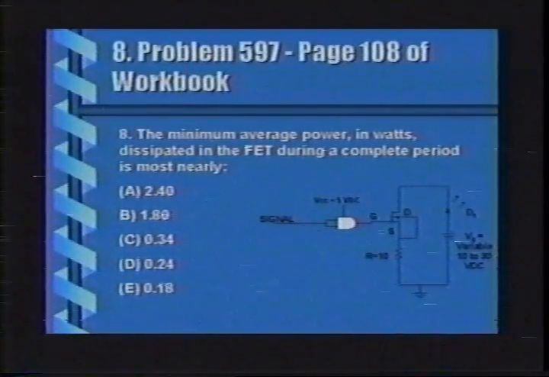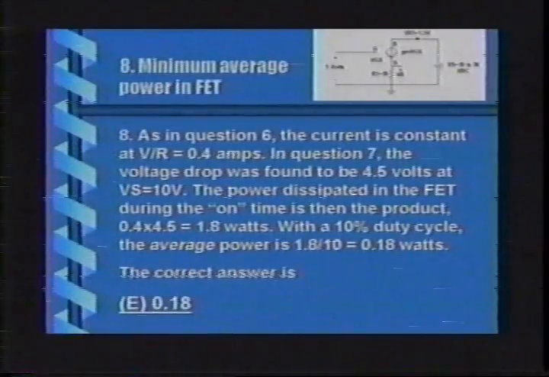Question 8 requires putting together some of the results of the previous questions. You're asked for the minimum average power dissipated in the FET, not the resistor, but the FET, during a complete period. Well, so we're looking at the power in the FET.